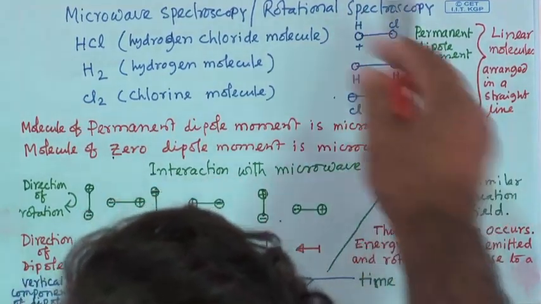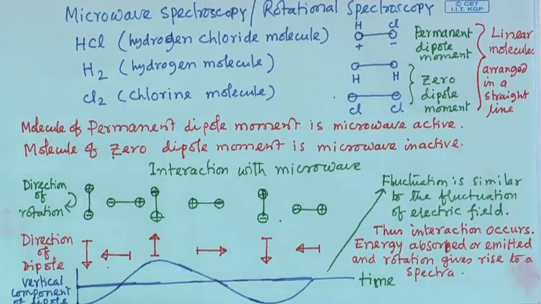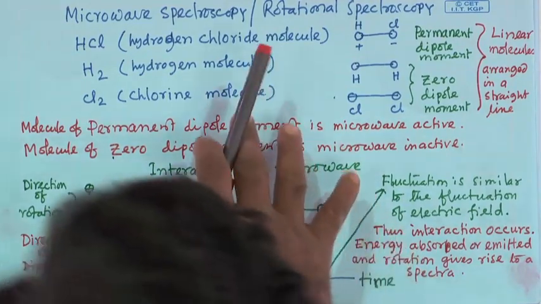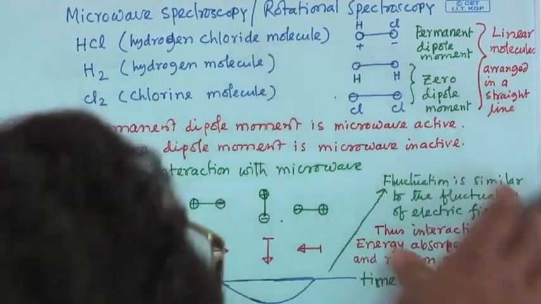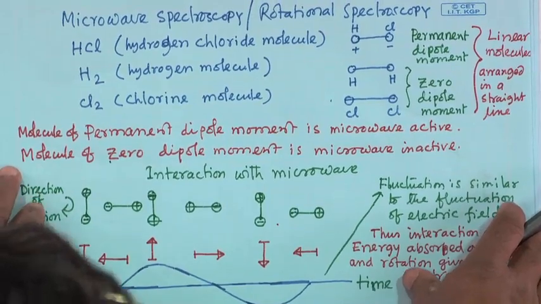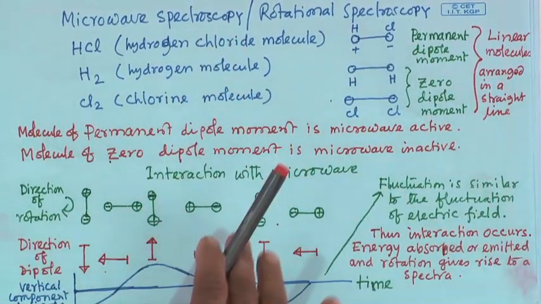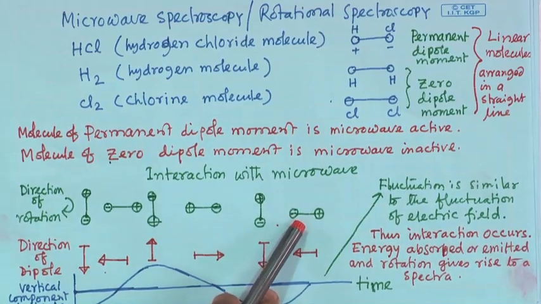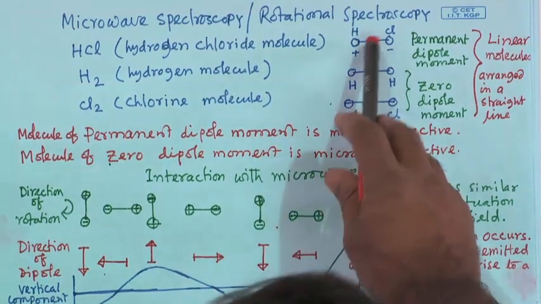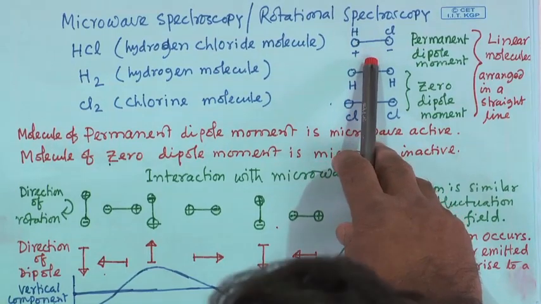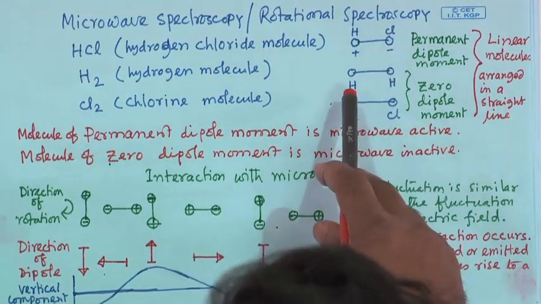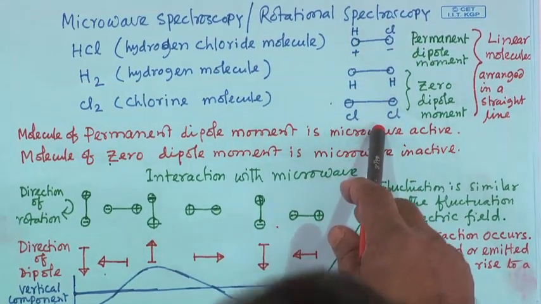So HCl, H2, Cl2 are all molecules, fine. What is the difference between these molecules? All three are diatomic molecules, right. Now there is a difference between HCl and H2 or Cl2.